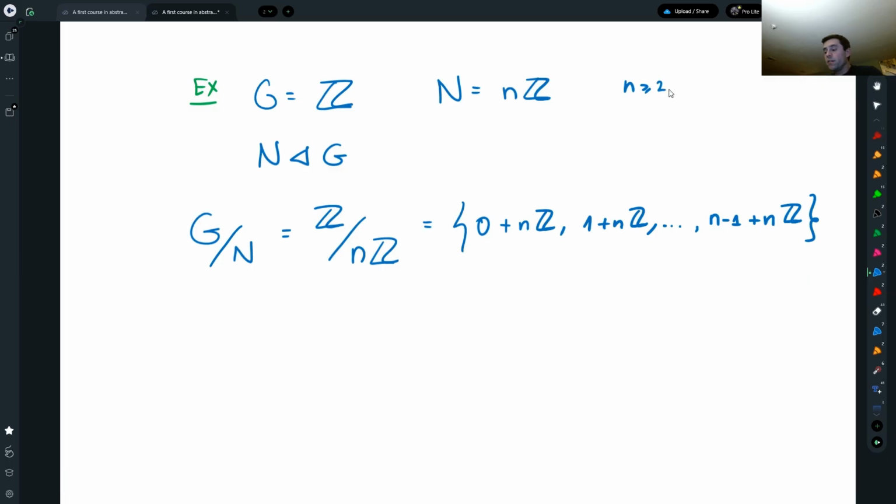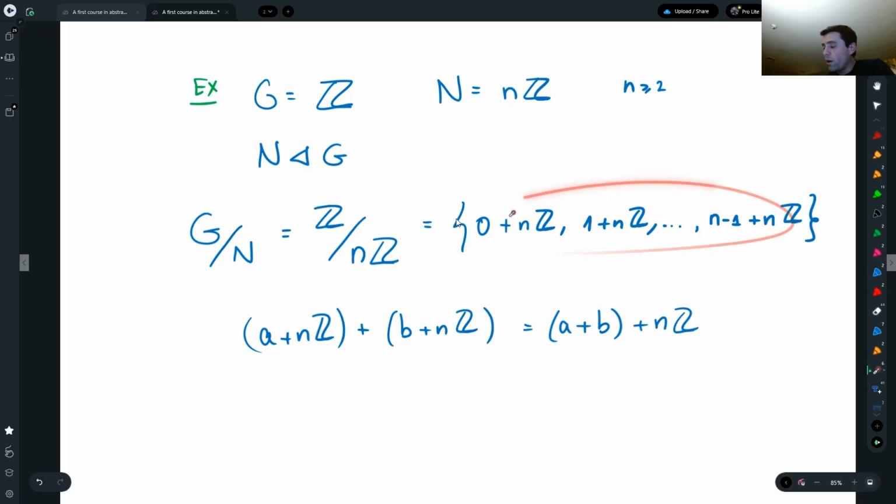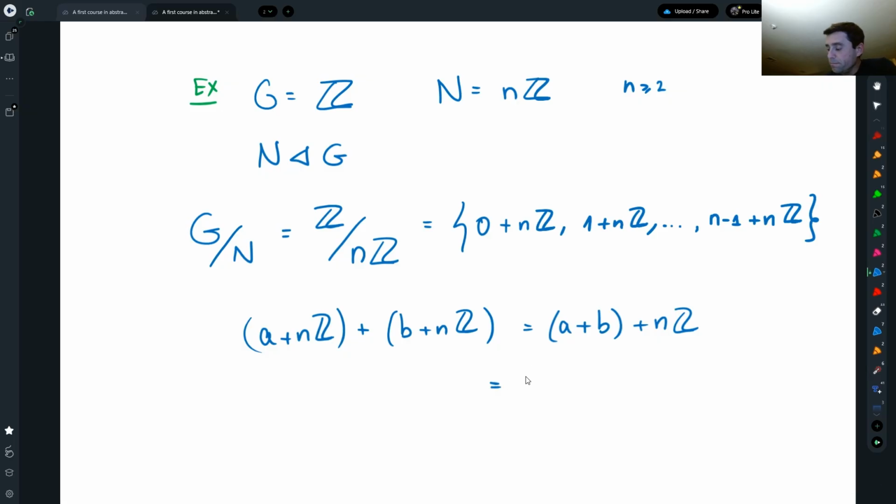And those are precisely the elements. And in the addition of those cosets, a plus nZ plus b plus nZ will be, as we've defined the addition of cosets, the same as the class of a plus b modulo n plus nZ.